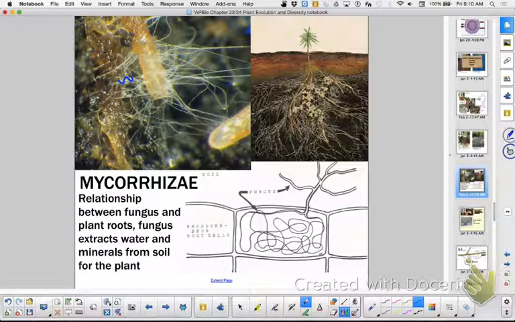What do you think the plant's paying back with? Because it's mutualistic, what could the plants give the fungus? Are fungi autotrophs or heterotrophs? Heterotrophs. They're in the soil. What could the plant give them? Nutrients, sugars. So in trade, the fungus will give them water and minerals by increasing their surface area, and the plant will give them in turn sugars.